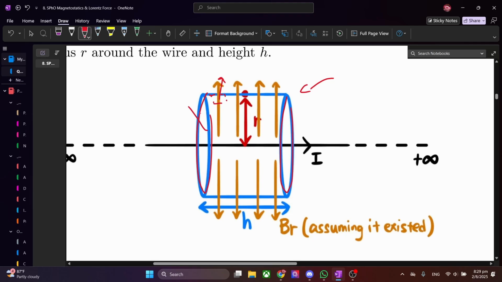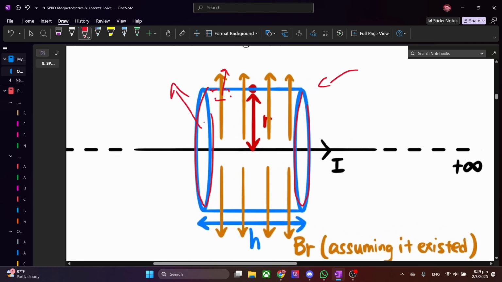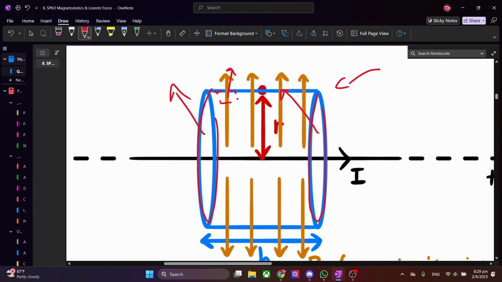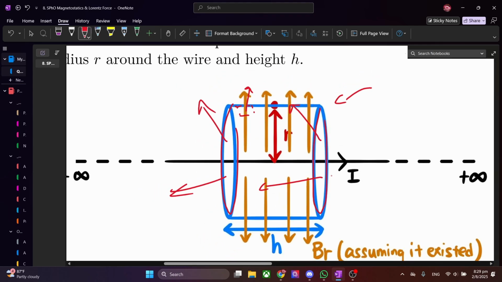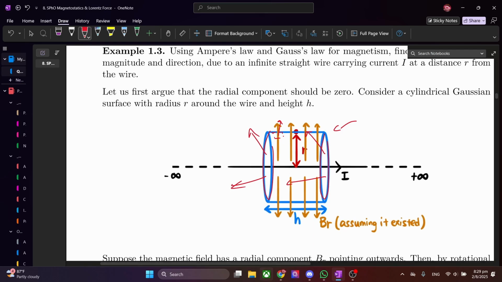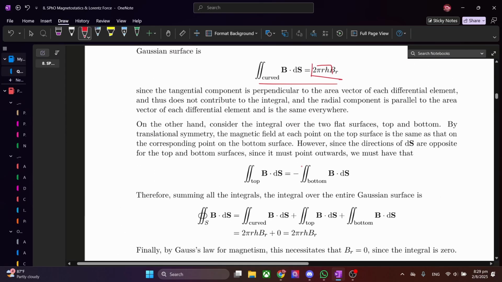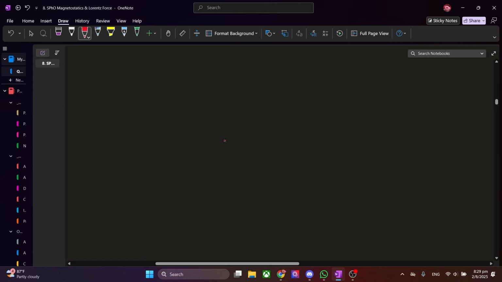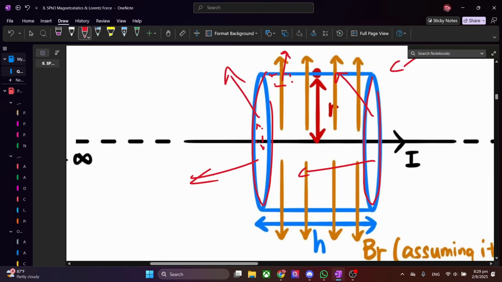If we had some magnetic field that pointed like this here, because the wire is translationally symmetric, there'd be one like this here also. And you would say the same for any other point on these two faces. So what we can then conclude is that these two integrals are actually negatives of each other. Reason being that in one case, this area vector, which I'll denote dS, points outwards like this.